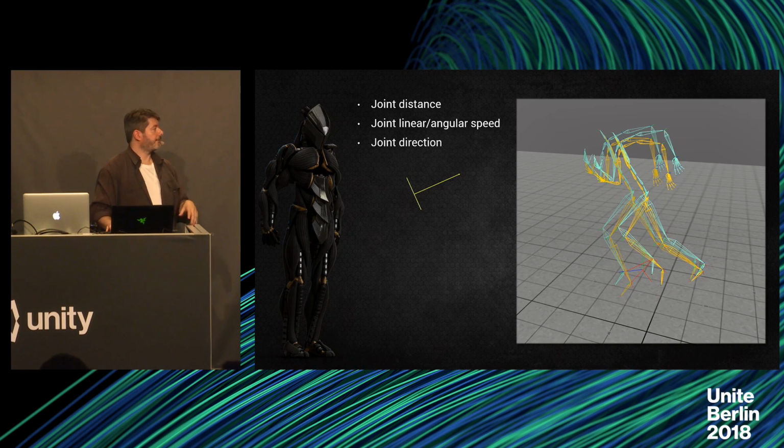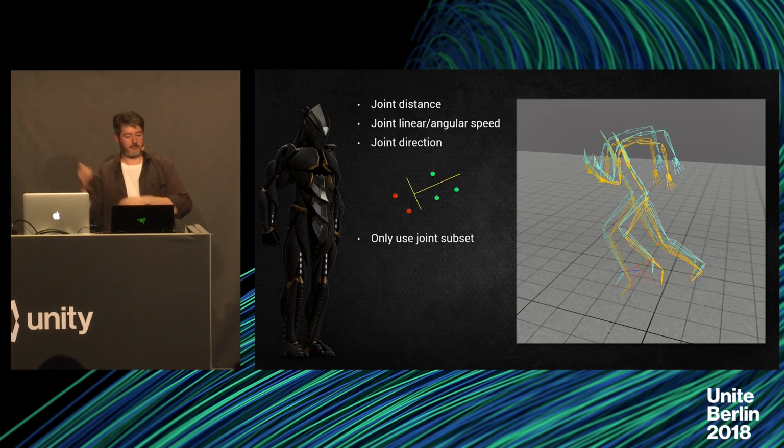We care about the joint direction. We also only use a subset of joints. For the demo that you've seen, we only use both feet and the neck. So we only use 3 joints to determine whether or not poses are similar.